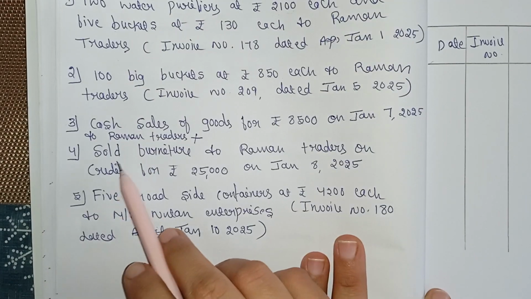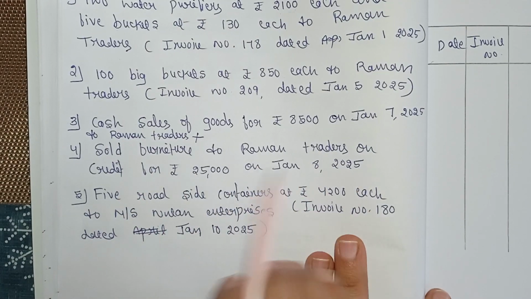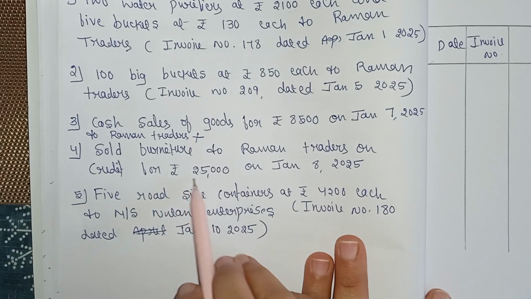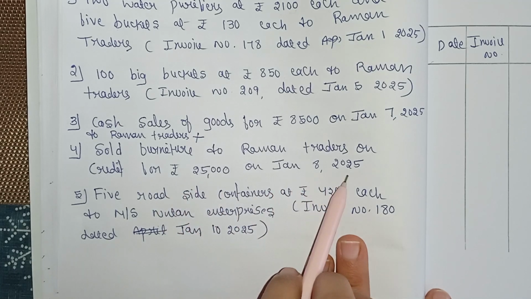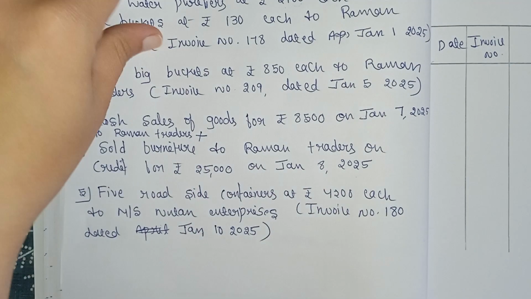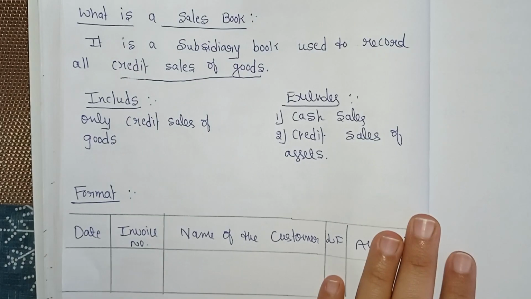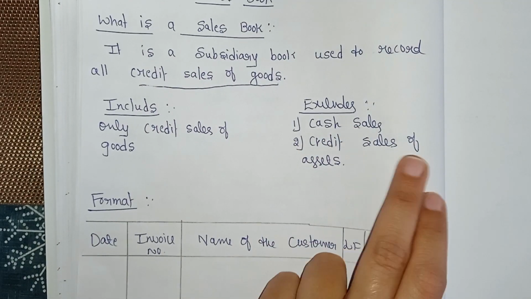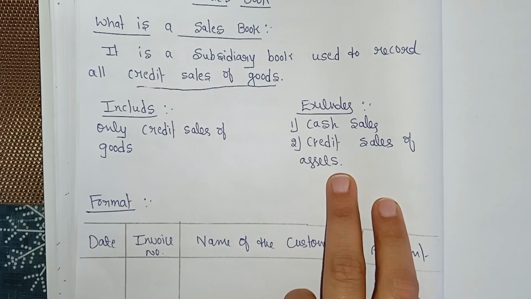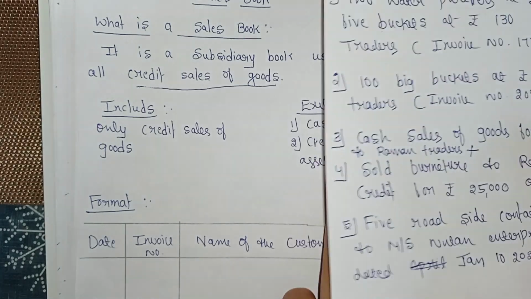Next one, sold furniture to Raman Traders on credit for rupees 25,000 on Jan 8 2025. What I said: the sales book does not include cash sales and credit sales of assets like machinery, furniture or any computer.